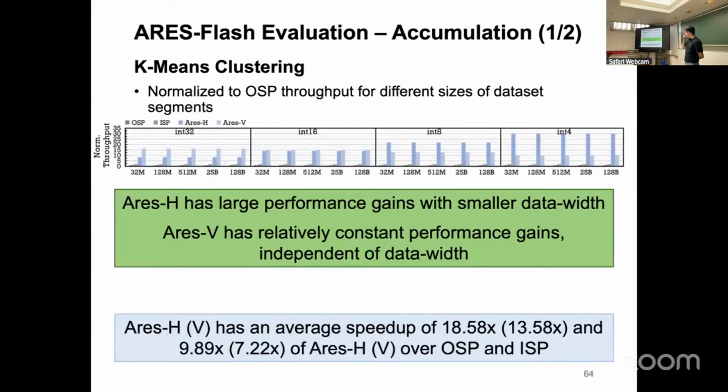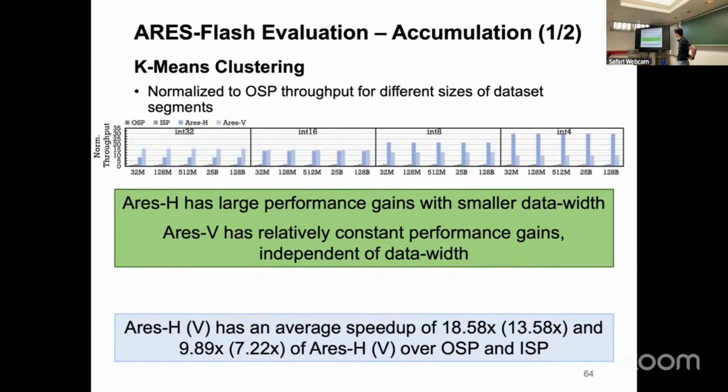So first they benchmarked the accumulation operations by having some k-means clustering workload. In this graph, you see the normalized to out-of-storage processing throughput for different sizes of dataset segments. And here we see that RSH, which is the dark blue one, has large performance gains with smaller data widths.